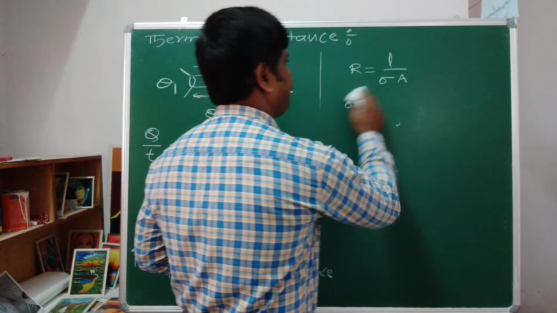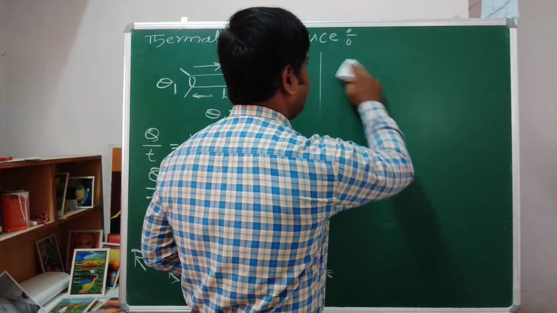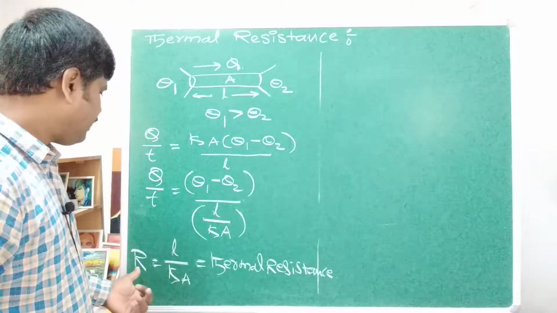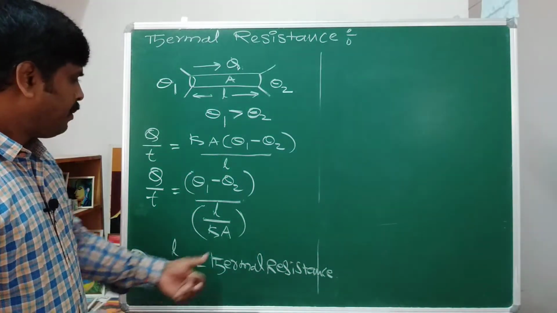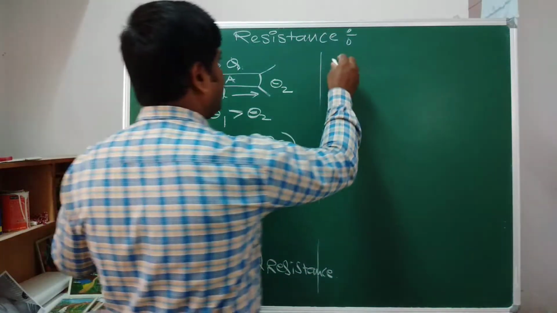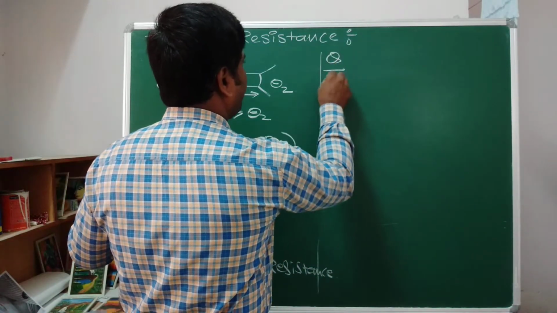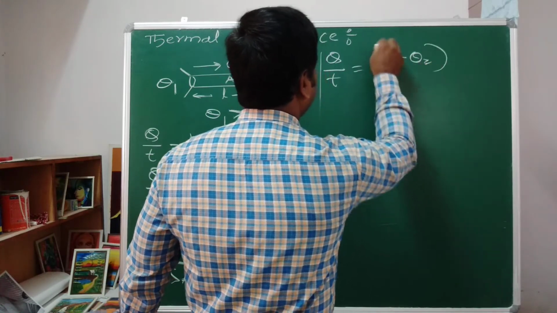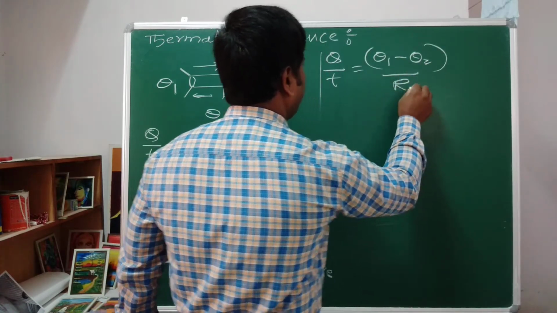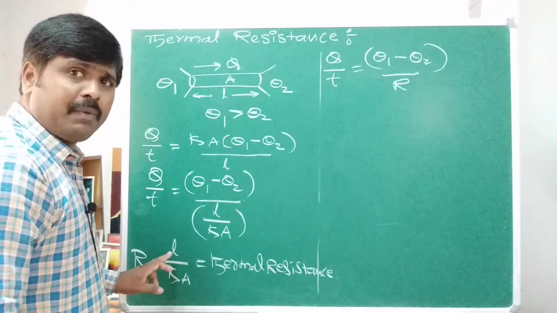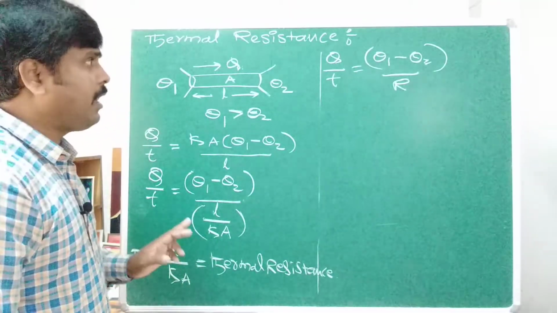Now we got thermal resistance, and we can replace this value in the above equation. The resultant equation is Q divided by T equal to theta 1 minus theta 2 divided by R, where R is the thermal resistance, equal to L divided by K A.